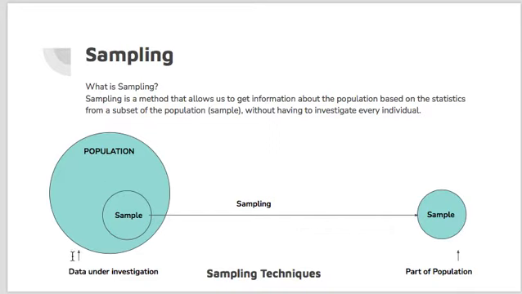The assumption is that the sample contains all the characteristics of the population. So the sample becomes a part of the population, and this process is known as sampling.